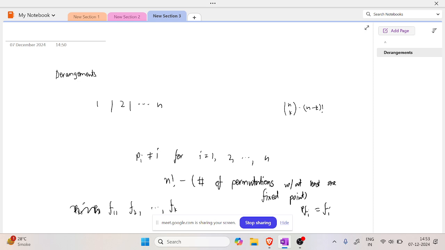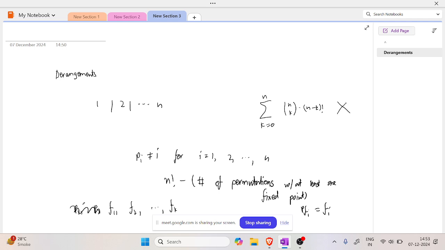And times n minus k factorial, because you do not have the freedom to move these k indices, but you do have the freedom to move the other n minus k indices. And that's it. So basically we just take the sum from k equals 0 to n of this.